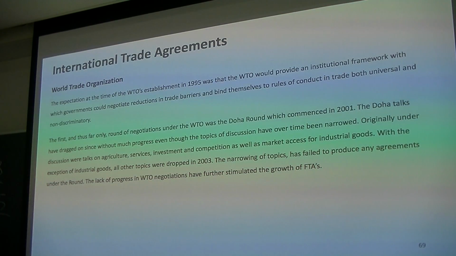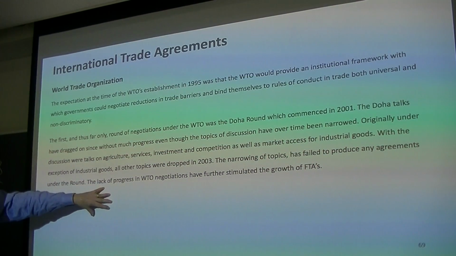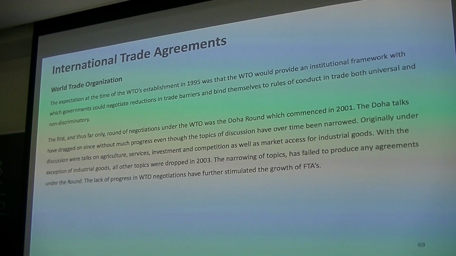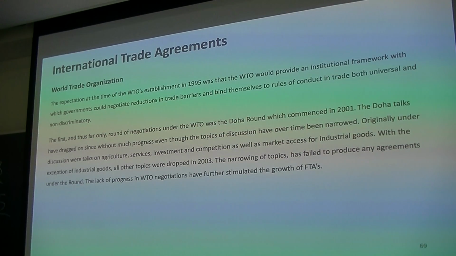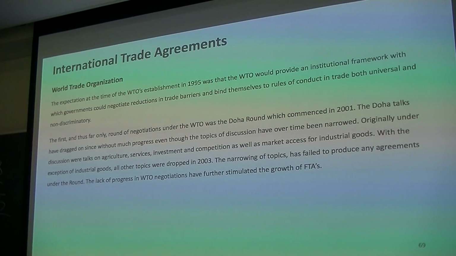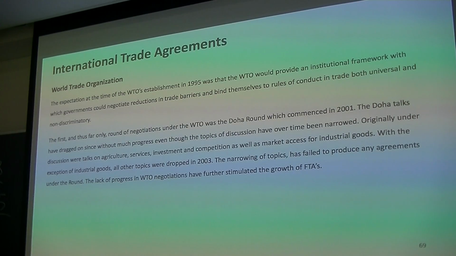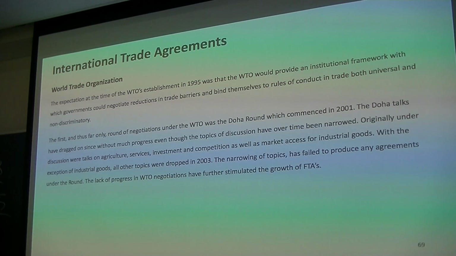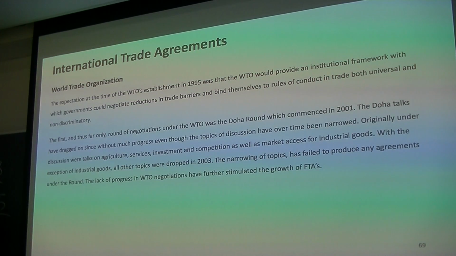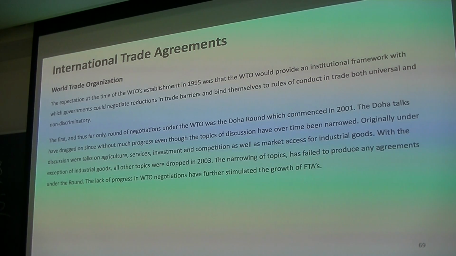Topics have been narrowed. So as I say, the irony is that finally we had the creation of a World Trade Organization, a multilateral organization, and as soon as that was established, the world couldn't do any more multilateral trade agreements, and essentially the WTO was just too big.